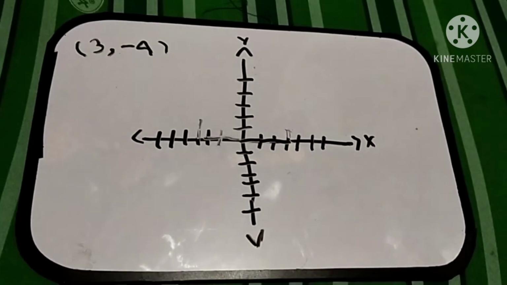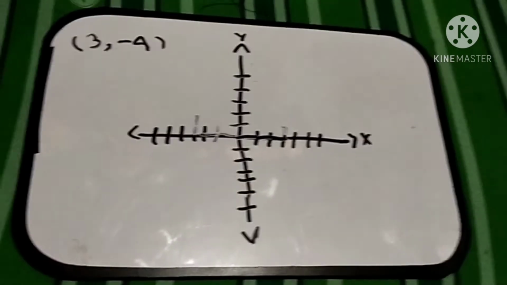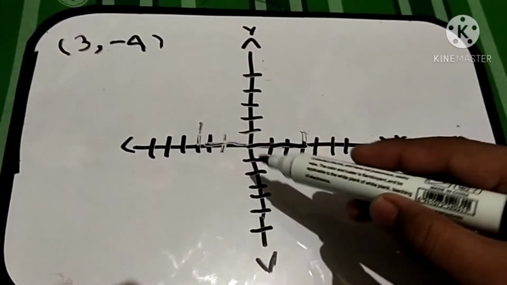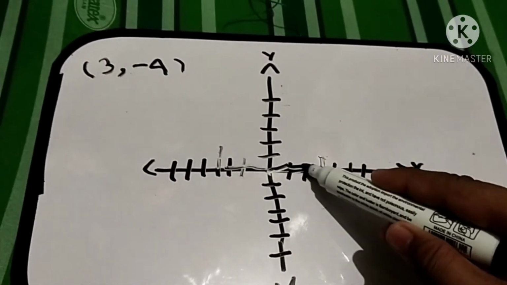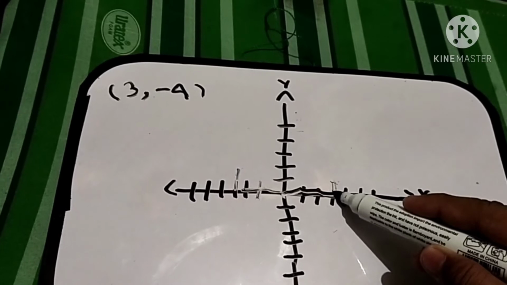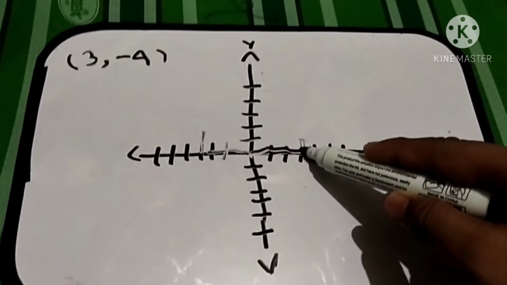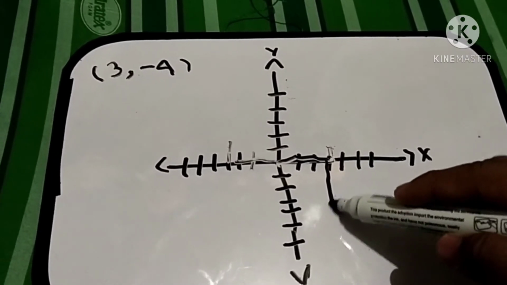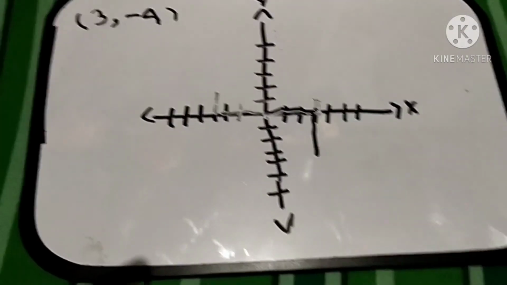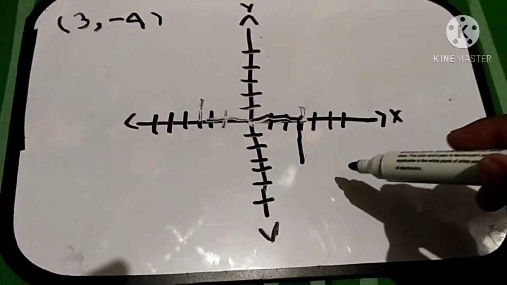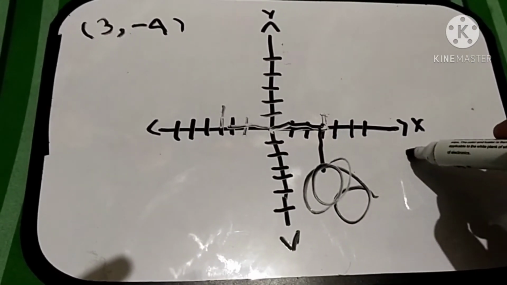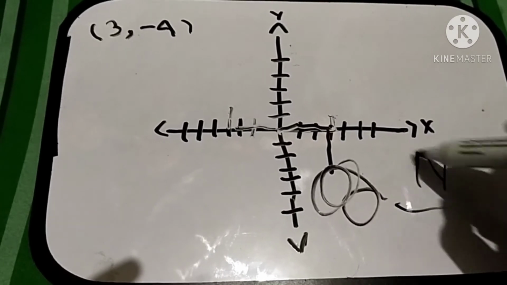We have the x of 3, so we move right: 1, 2, 3. And then negative 4, we go down: 1, 2, 3, 4. So the quadrant it belongs to is quadrant 4, because this side of the Cartesian plane is quadrant 4.